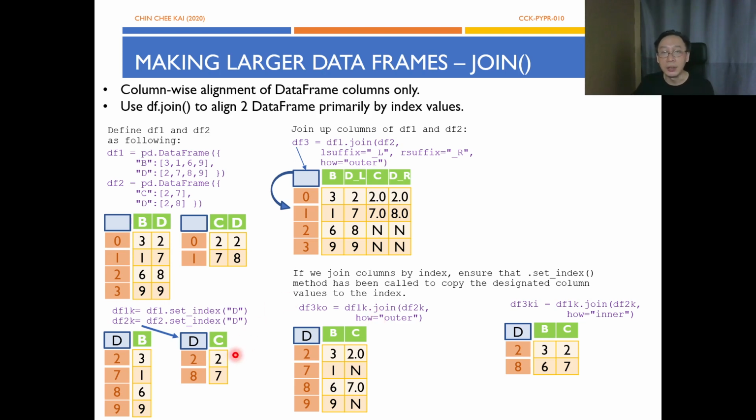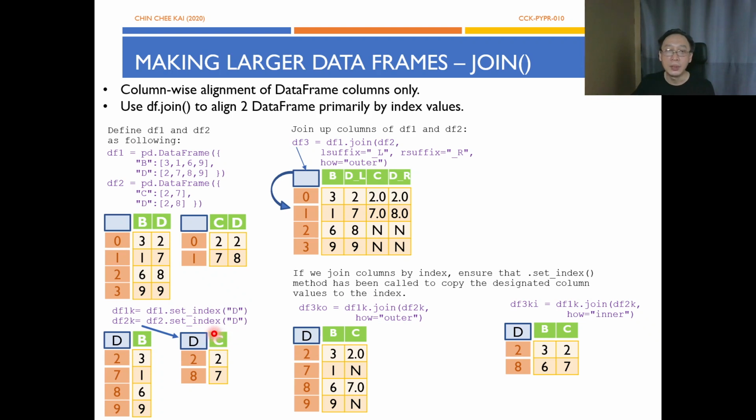Remember, dot join does only one thing. It looks at the index content, the index labels. 2 and 2, good. 2, 7, 8, 9 contains 2, 8, so we'll just look at 2, 7, 8, 9. The B column, or if you have X, Y, Z, no problem, will just be copied over.